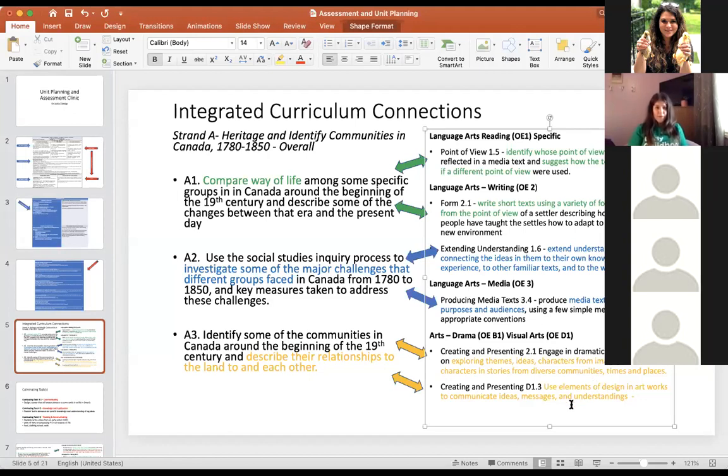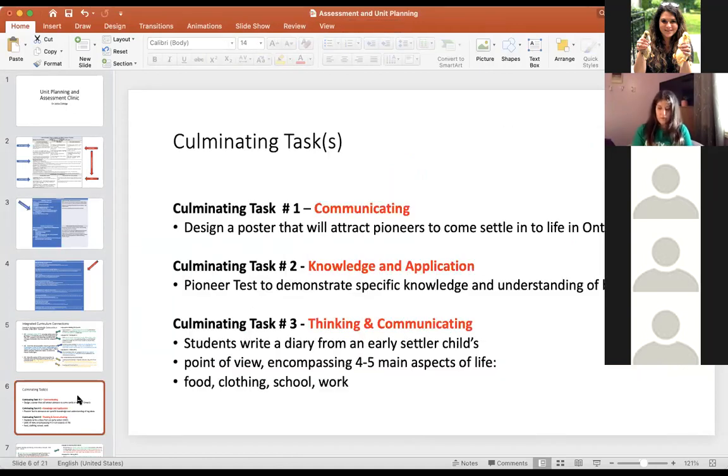And then down here is a visual arts expectation, because you remember she wants them to create a poster. So let's look at the culminating tasks, because I'm going to add this to that chart. So one culminating task was to design a poster that will attract pioneers. One was going to be a pioneer test, so they demonstrate specific knowledge that they've been learning.